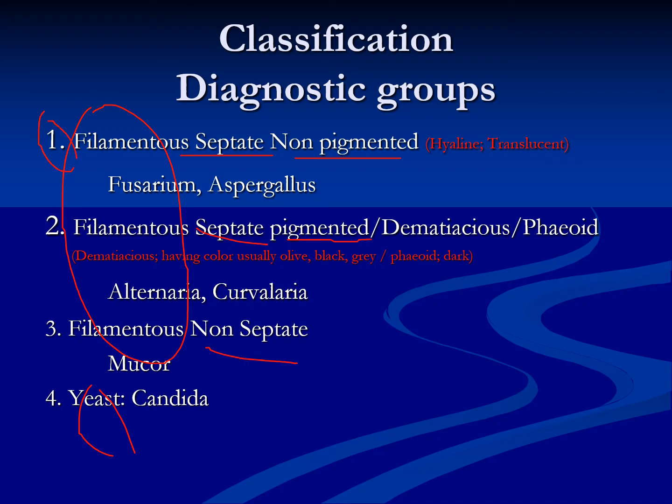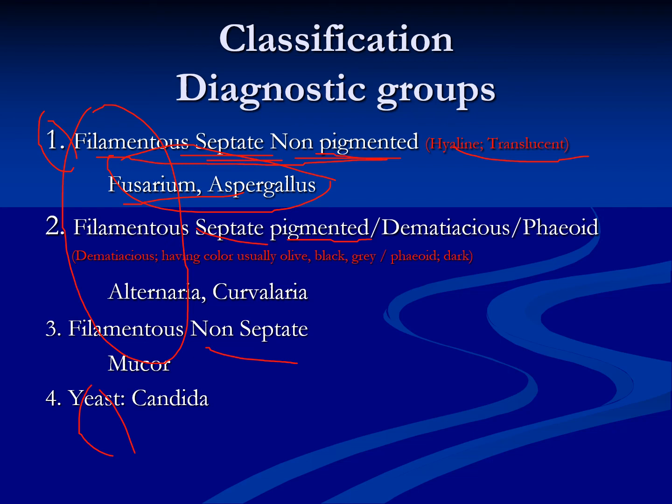So first of all, the first group is filamentous, septate, non-pigmented, also called hyaline or translucent, and the main examples are Fusarium and Aspergillus. These two are responsible for almost 98% of the fungal infections in the eye, so you need to remember Fusarium and Aspergillus, which are filamentous, septate and non-pigmented.